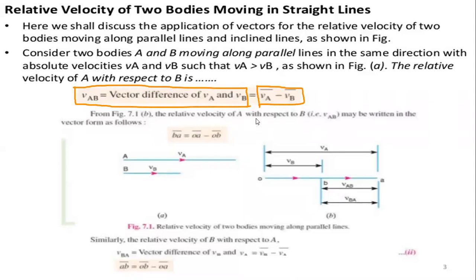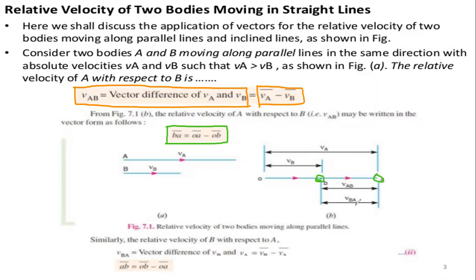The relative velocity of A with respect to B may be written in the following vector form: BA bar is equal to OA bar minus OB bar. Taking the two velocities in the same line, this is the B position and this is the A position here.